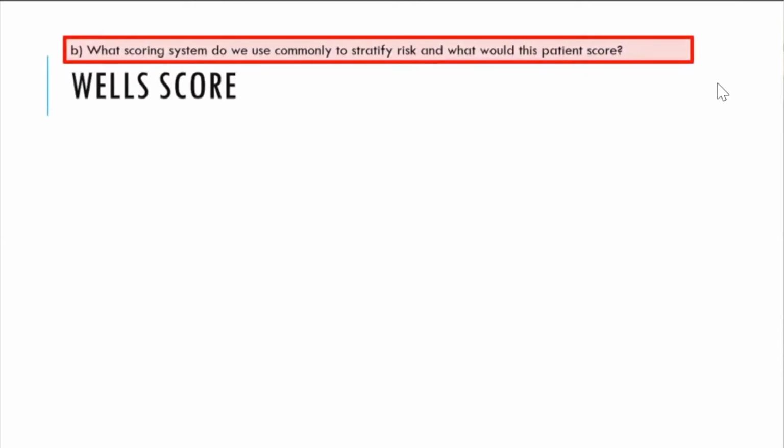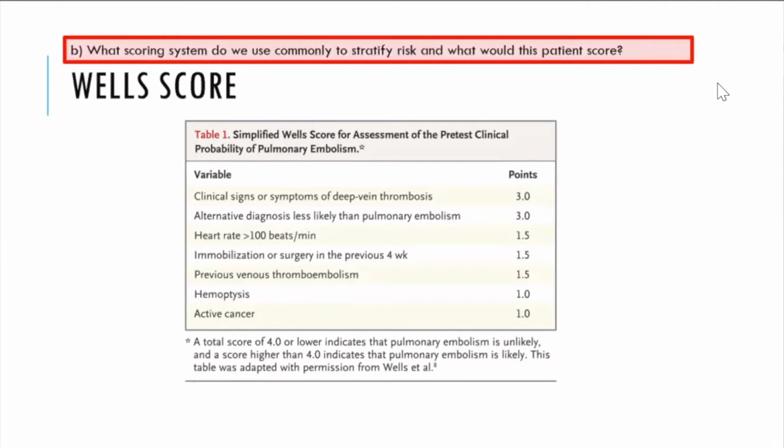So the scoring system that we use, as we discussed, is the Wells score. This person would score 3 for signs or symptoms of DVT, and 3 for alternative diagnosis less likely than pulmonary embolus, i.e. the most likely diagnosis you think is a pulmonary embolism. So they already score 6.